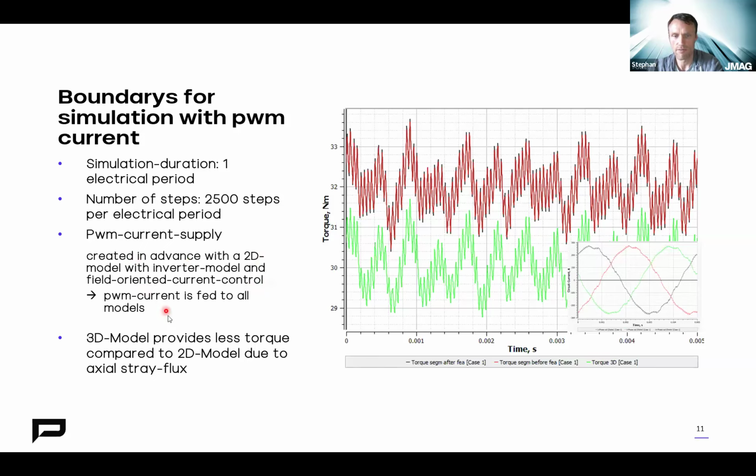And afterwards, I fed this PWM current to all models, so to the 2D models and the 3D models, just to be sure that this PWM current and the boundary conditions for all models are as similar as possible for the PWM case. And now let's have a look at the results.